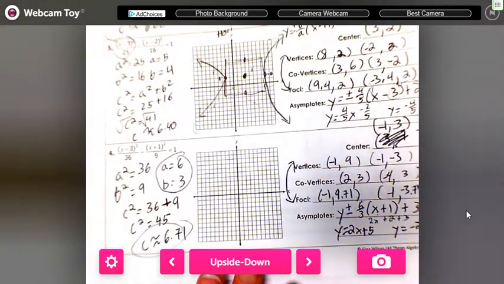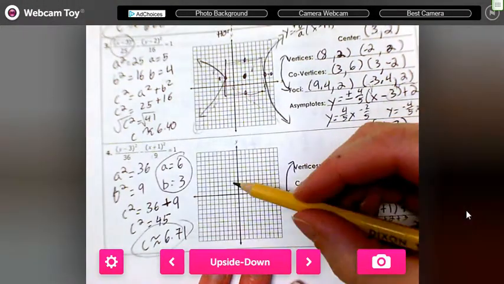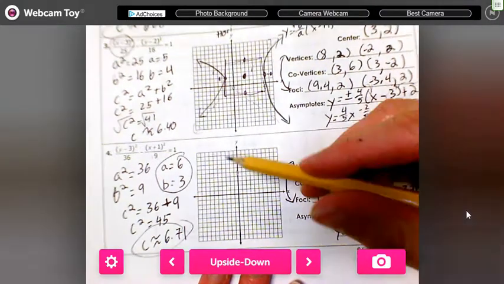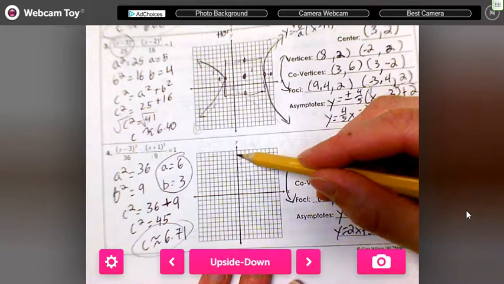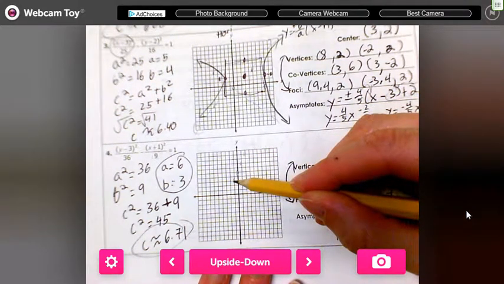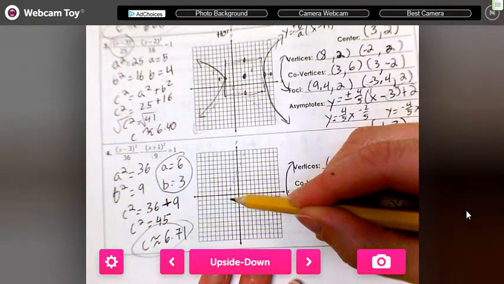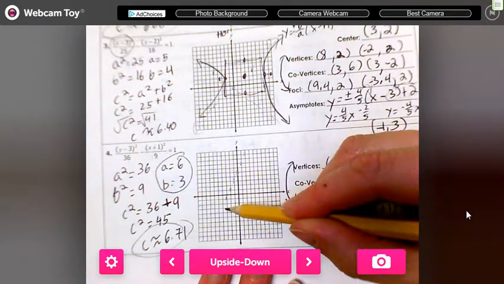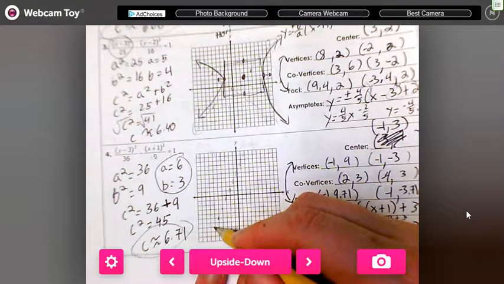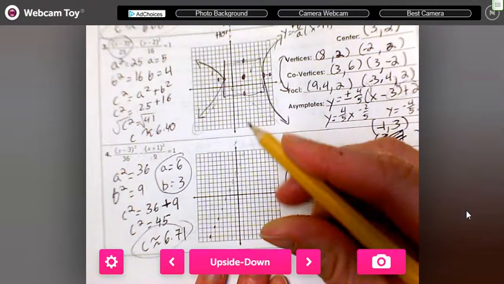We're going to graph both of those. We're going to start at 1, 2, 3, 4, 5. And we're going to go up 2 over 1, up 2 over 1, or down negative 2, left 1, down negative 2, left 1. Okay, and we have this nice asymptote line right here.